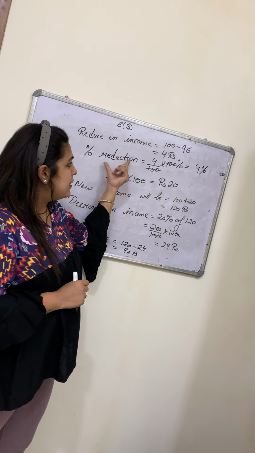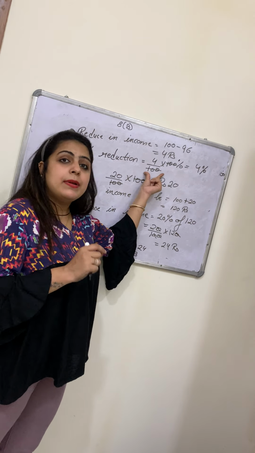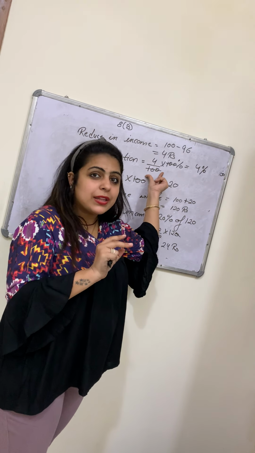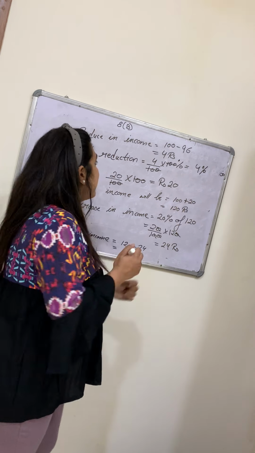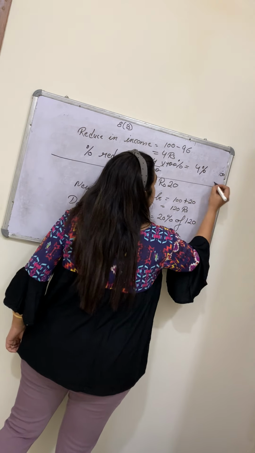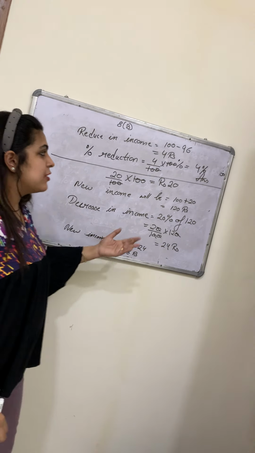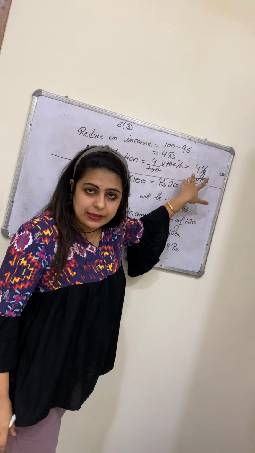Percentage of this reduction will be, जो भी amount हमारा 4 rupees है, upon जो हमें total amount given था. Total income कितनी थी, हमने assume कितनी की थी, 100 rupees into 100%. So your final answer is 4%. Income reduced after the final reduction is 4%.